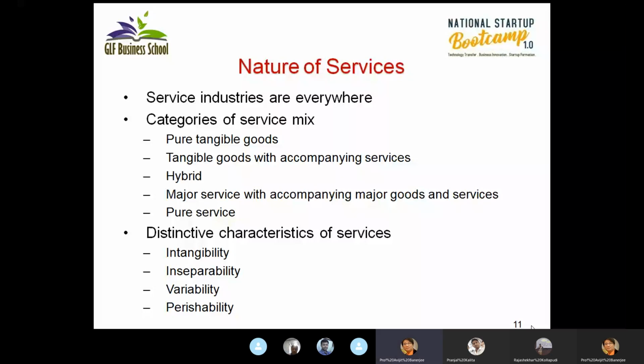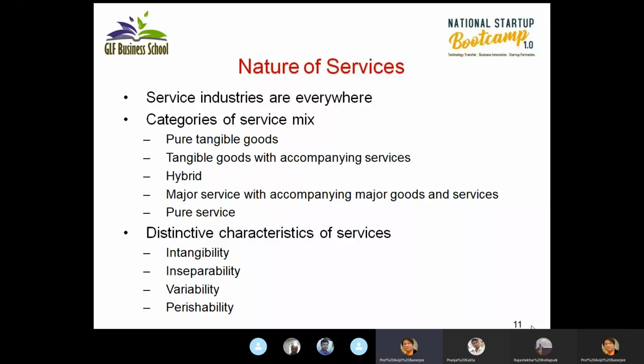The distinctive categories of service mix represent service components which can be a minor or a major part of your total offering. We may distinguish 5 categories of offering. Pure tangible goods like soap, toothpaste, salt, etc., with no accompanying services, or tangible goods with accompanying services, like a car or a computer or a cell phone, where the accompanying service is also very important.